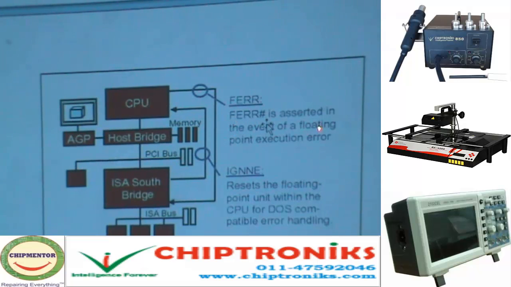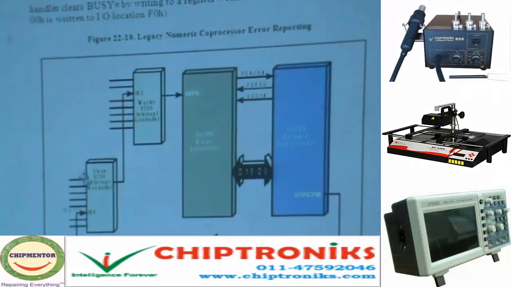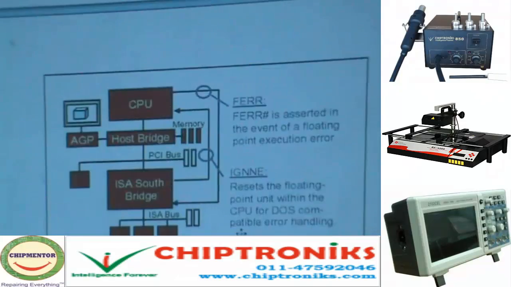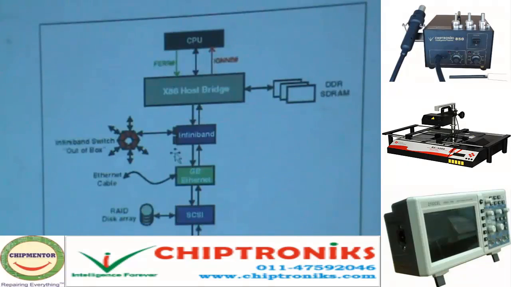It's written that FERR is asserted in the event of a floating point execution error, and IGNNE resets the floating point unit within the CPU for DOS compatible error handling. So in newer boards we have this facility. In more recent boards, you have the PCH. So FERR and IGNNE are fed from the PCH only. There is no GMCH, so it's directly fed to the CPU.